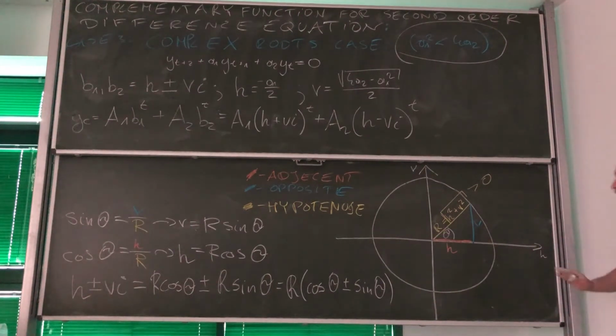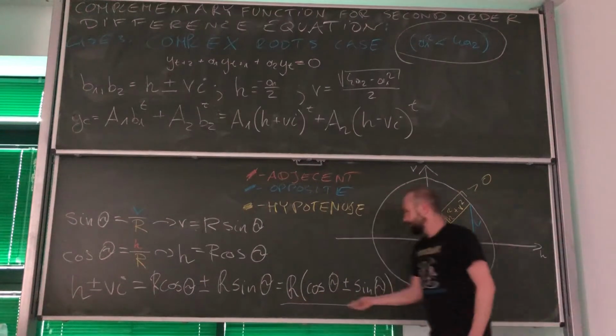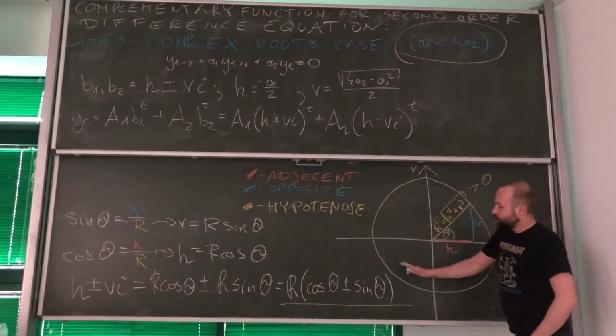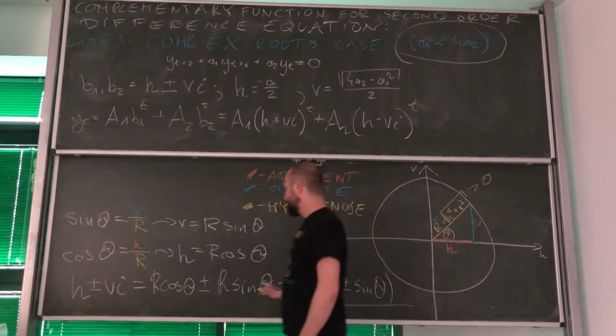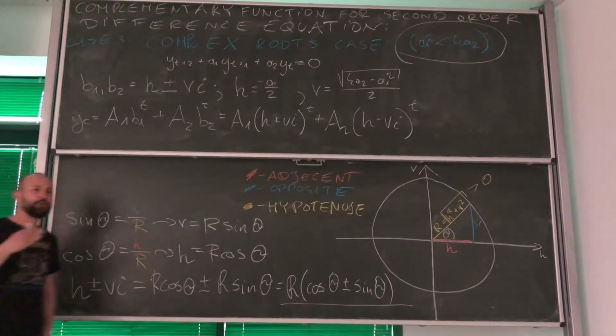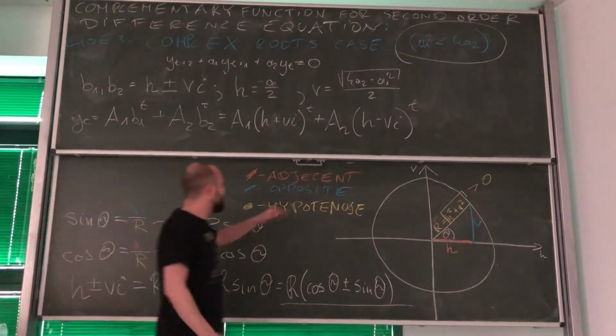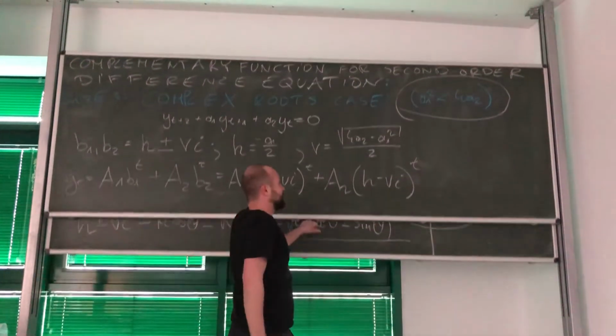Okay, and look, this is leading us somewhere, right? We've got an expression that is actually a little bit easier to work with. However, this is not the end of the story.